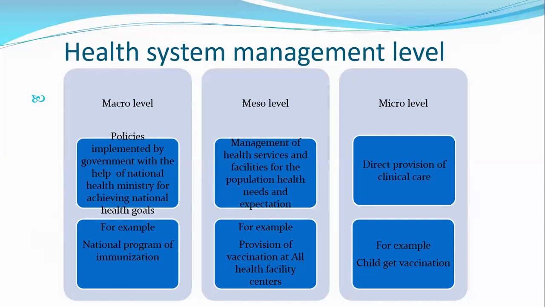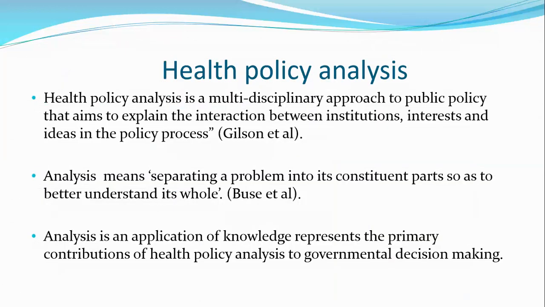At the meso level, management of health services and facilities for the population's health needs and expectations, for example, provision of vaccination at all health facility centers. At the micro level, direct provision of clinical care, for example, a child gets vaccinated.